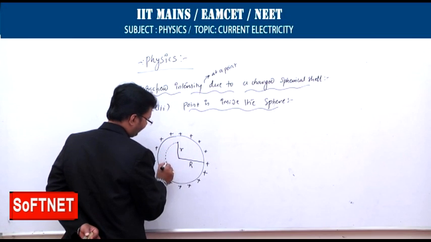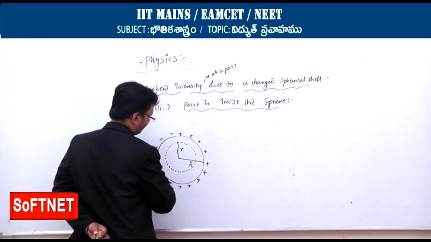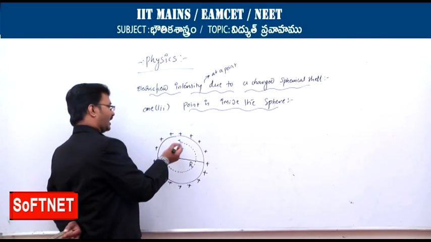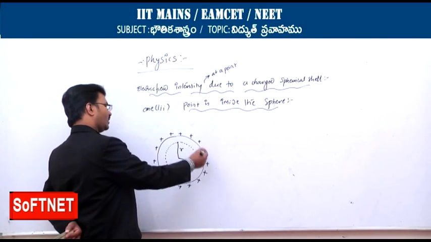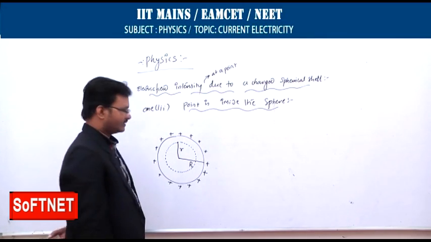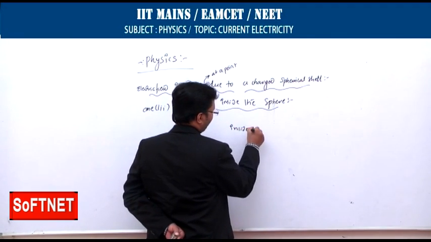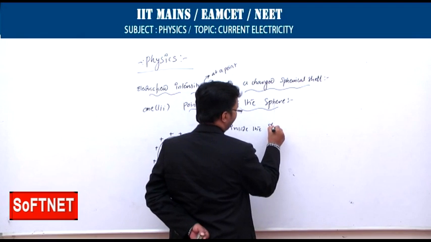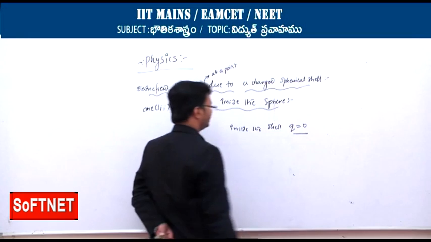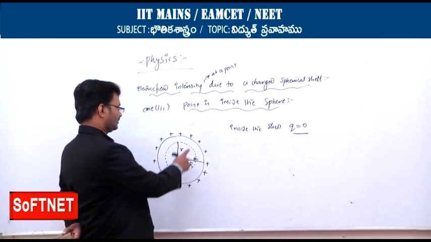Construct a Gaussian surface. This is the Gaussian surface. But charges exist only on the sphere. Inside the shell, there are no charges, so the total charge Q is equal to 0.